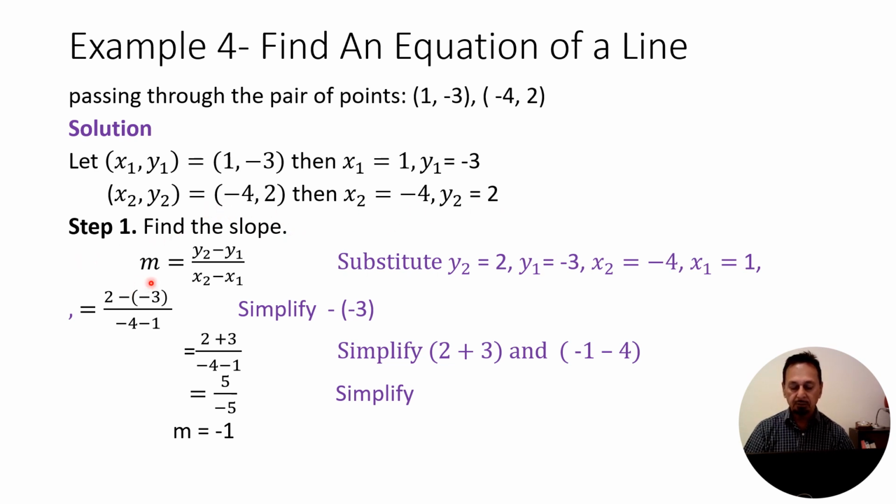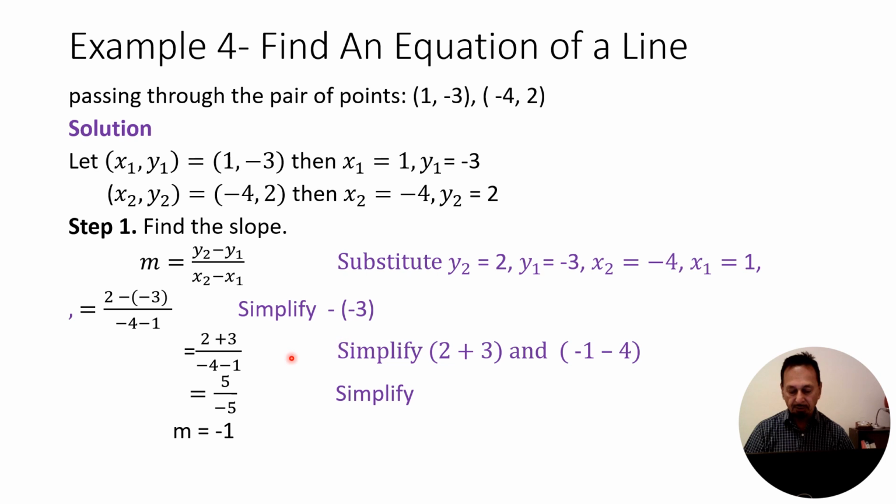The formula for the slope is m equals y2 minus y1 over x2 minus x1. Now we substitute y2 equals 2, y1 is -3, x2 is -4, and x1 is 1, and the slope becomes 2 minus negative 3 over -4 minus 1.